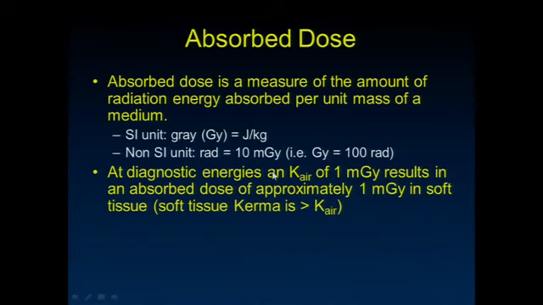At diagnostic energies, an air kerma of 1 milligray results in an absorbed dose of approximately 1 milligray in the soft tissues. Not quite. Usually the soft tissue kerma is a little bit greater than the air kerma. Remember, the soft tissues have a little bit higher Z than air does, so actually there's a little bit more energy deposited there.